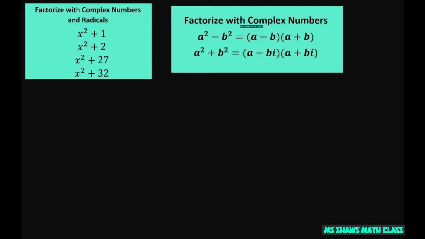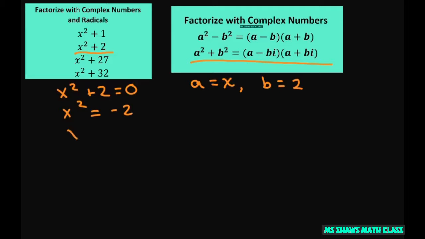For the second one, x squared plus 2, my A equals x and my B equals 2. Since this is going to be complex, for example, if you set this to 0, you would get x squared equals negative 2, so x equals plus or minus the square root of negative 2, which is the same as plus or minus i square root of 2.